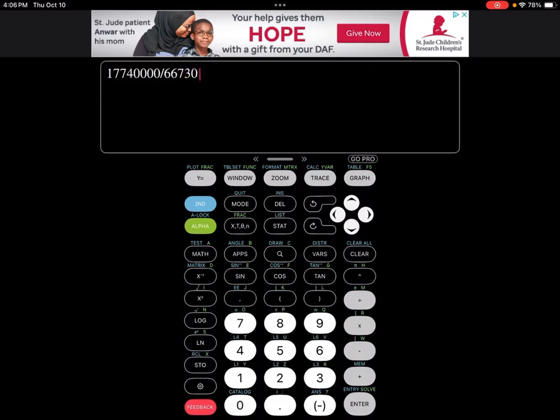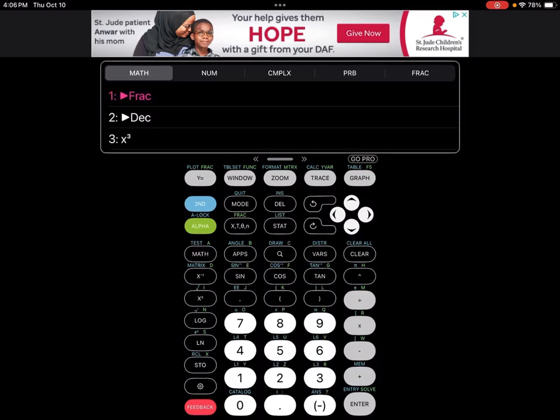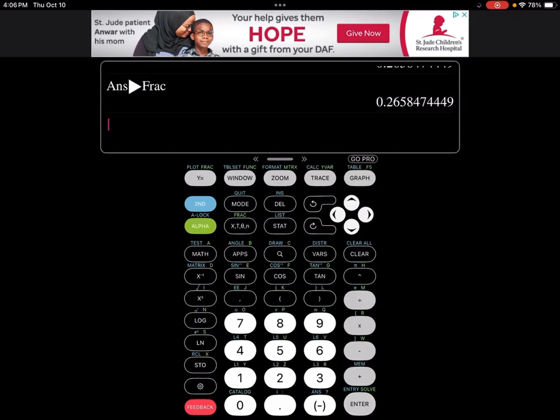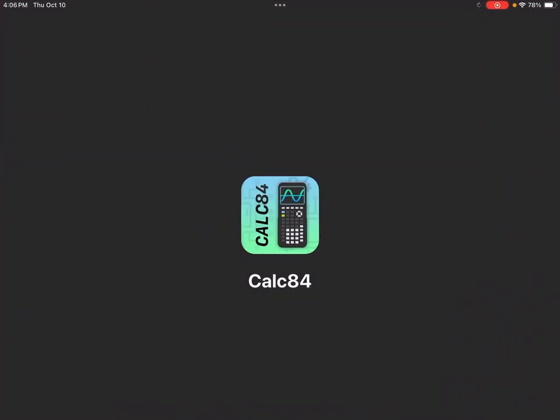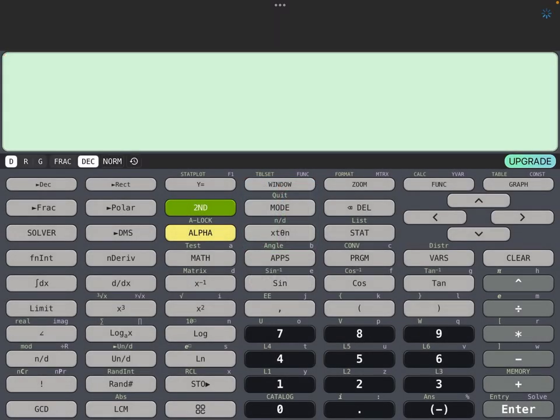Okay, I'm going to hit enter. And then, y'all, there's a button here on my calculator. If you look at where the alpha button is, it's the green one. The button underneath says math. If I hit number 1, that will convert it to a fraction for me. Oh, no, that one's not doing it. Okay, let me try this again. Let me try it on this app. Okay, let's see if we can get it to work here.